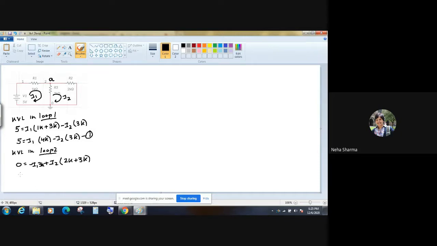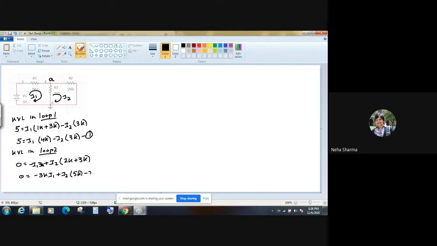So my final equation for loop 2 looks like this. It is 0 is equal to negative 3k I1 plus I2 times 5k.